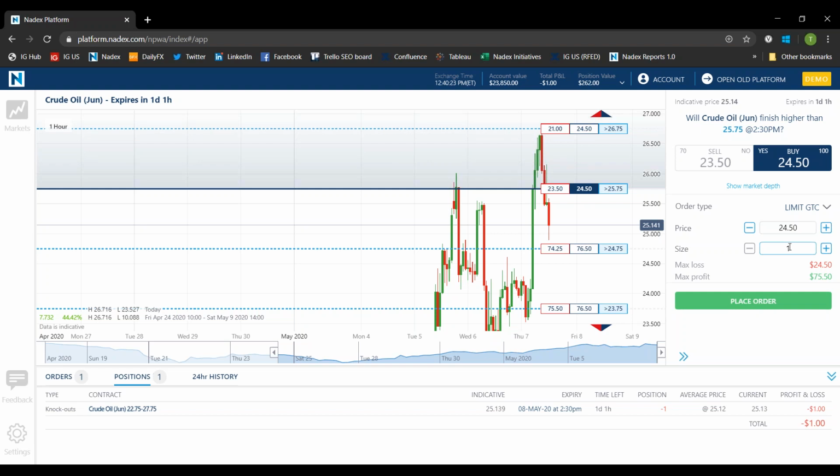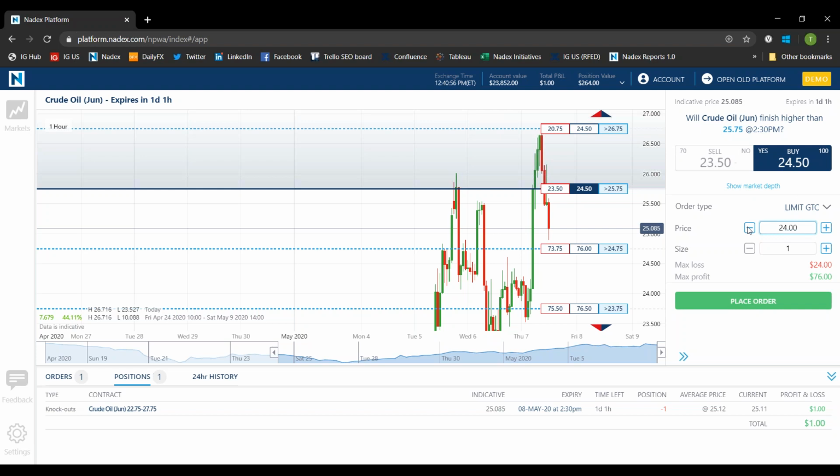Unlike knockouts, where we had $500-wide contracts to give you some room to take a directional play, these are simple $100 contracts, yes or no, and what's the probability of this being true? With oil right now trading at 25.08, 25.09, and you also see the indicative price here, that is well below 25.75. So right now the market is predicting, and if I chose the midpoint between these, it's exactly 24.